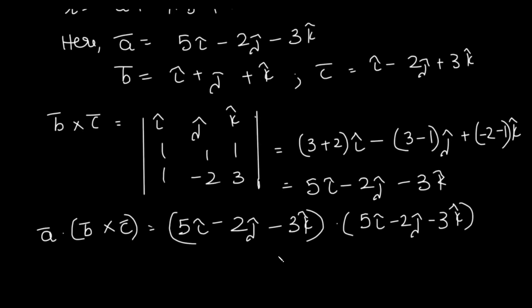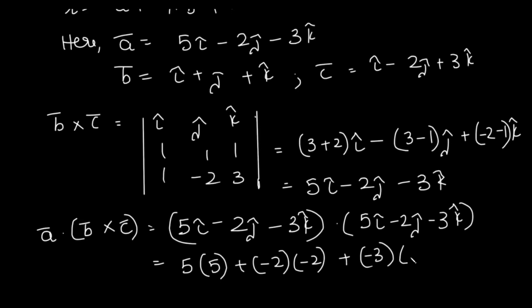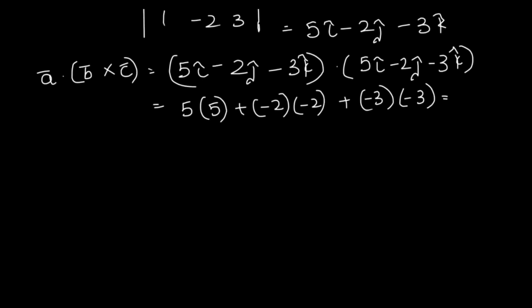So it becomes 5 into 5 plus −2 into −2 plus −3 into −3, by finding the dot product, which becomes 25 + 4 + 9, that is 38. So this answer we got.